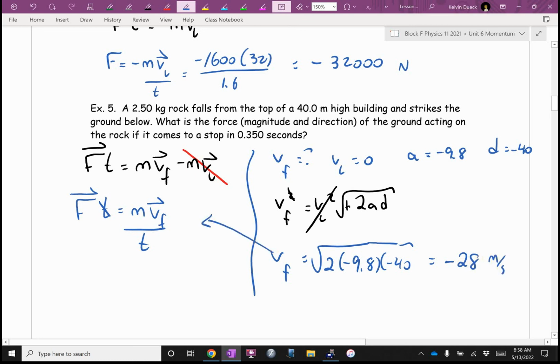All right, now I can walk over here. F is going to be M, 2.5, VF, negative 28, divided by T, 0.35.